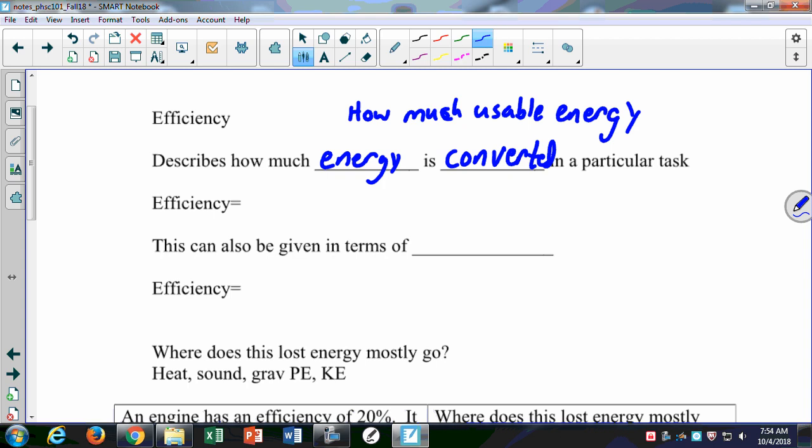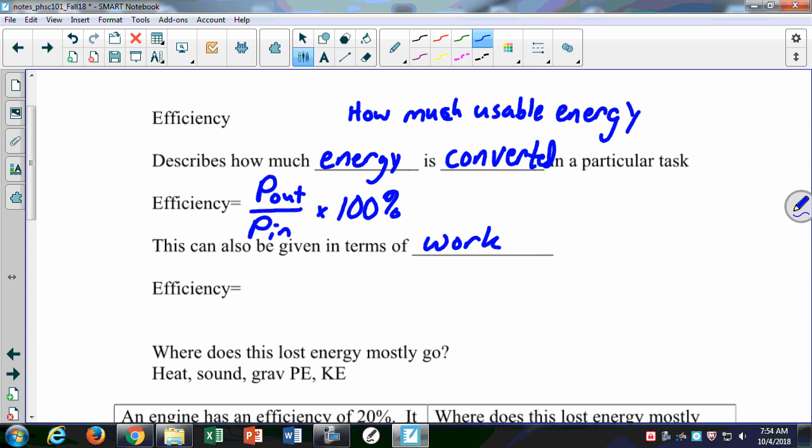So the efficiency is defined as the output power divided by the input power, and it's times 100 because it's a percentage. You can also give this in terms of work. It's exactly the same, though, because notice if I think about the units of power, this is work over time, this is work over time, so those per seconds will cancel out.